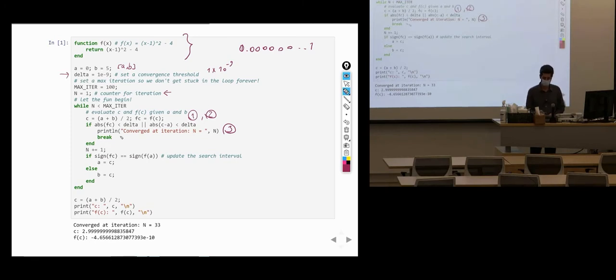This break is very important because it breaks the loop. Otherwise, it will still continue. So break breaks a while loop, and then you come here. Whatever is here, you will run.